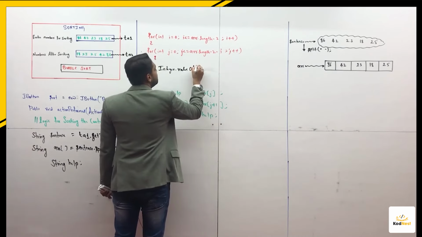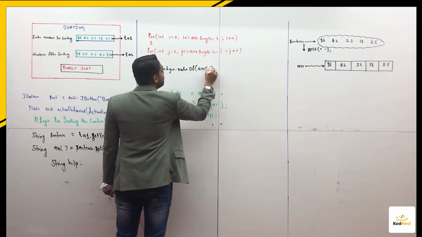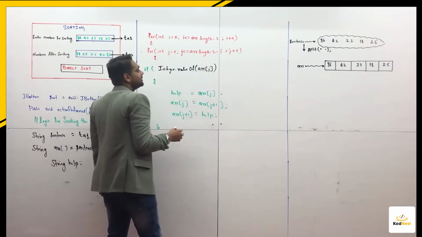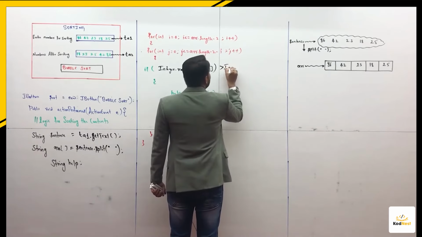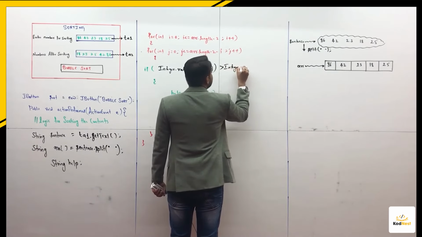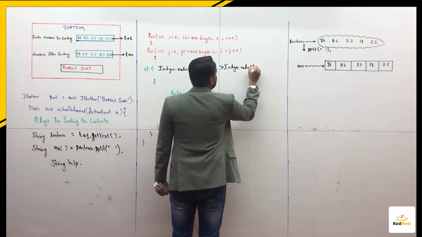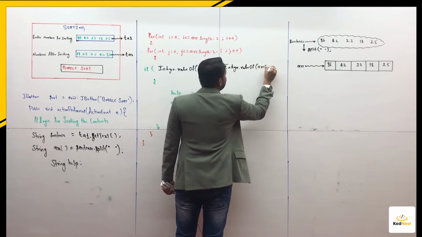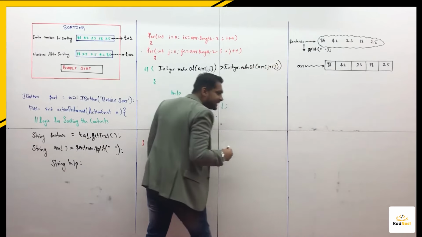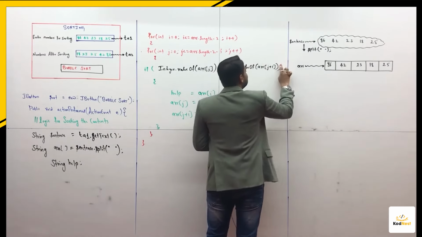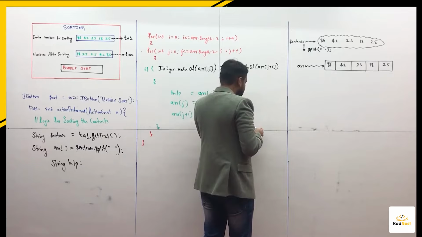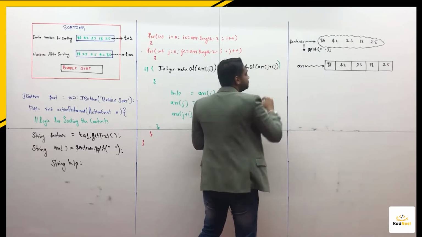Compare whether it is greater than the integer value of array of j plus 1. If it is really greater, then swap array of j and array of j plus 1. Then the algorithm would continue.